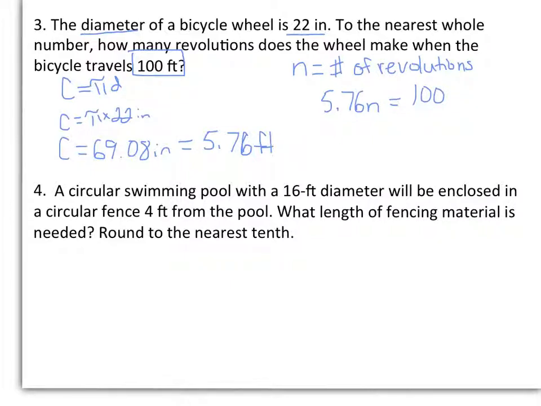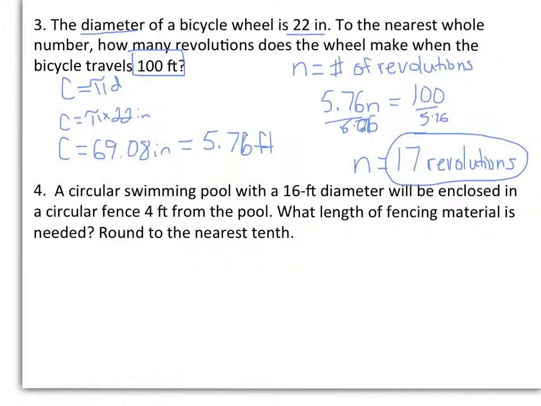So dividing 100 by 5.76, we get that N is 17. So that means it's going to make 17 revolutions in 100 feet. So all we really did was take that 100 and divide by 5.76. You don't have to set up a formal equation there, but just so you know why I was dividing.